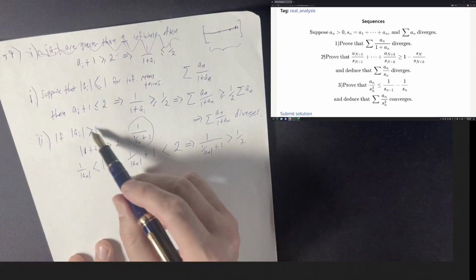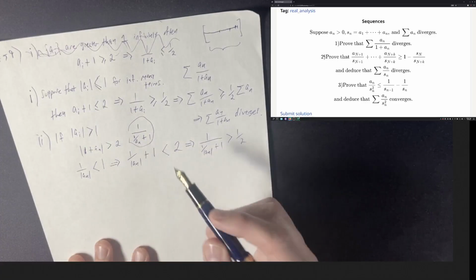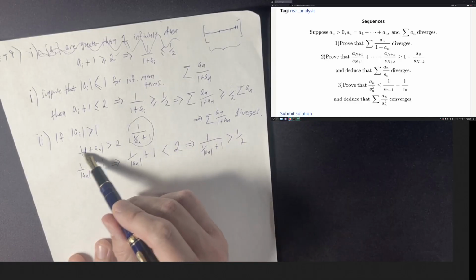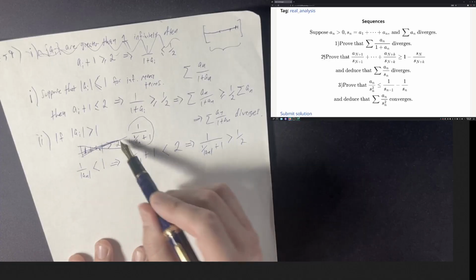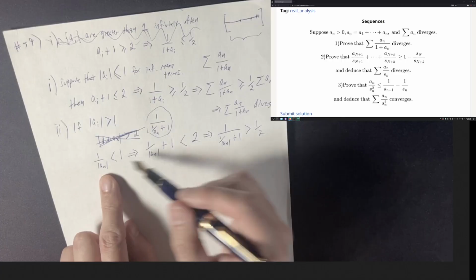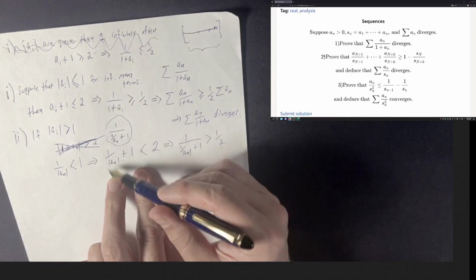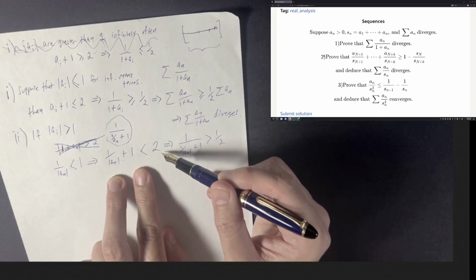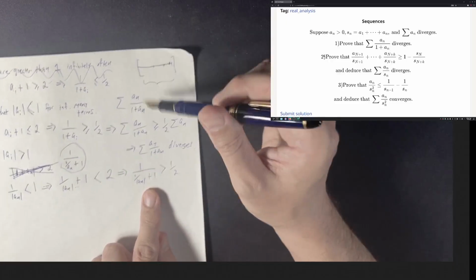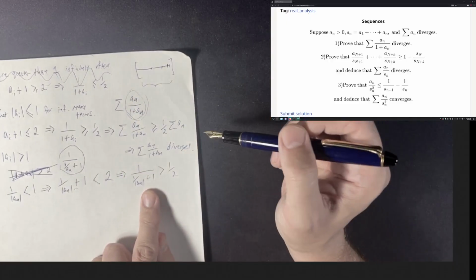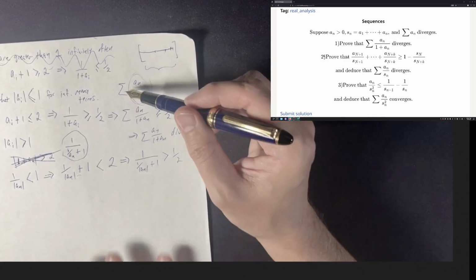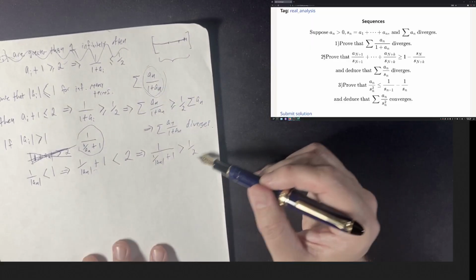If infinitely often your terms are larger than 1, then I actually didn't use this line. What I instead said was that your reciprocal is less than 1, and if you add 1 to it, this is less than 2. And now we take the reciprocal, and that looks suspiciously like these terms right here. But this is also bounded from below by half. So you're adding up a bunch of things that are at least half in size.